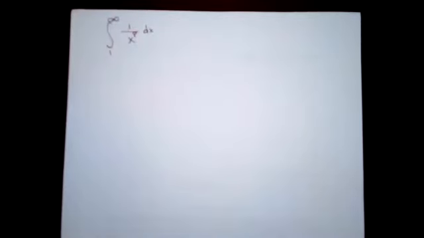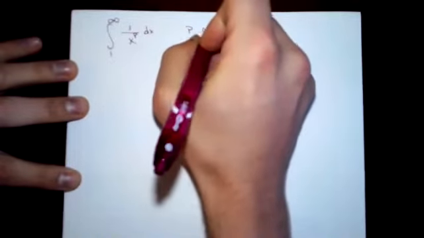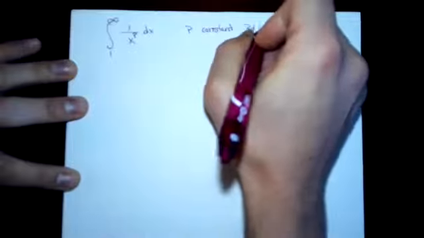So let's just say we have some exponent there, p. So p is constant, and of course, not 0.